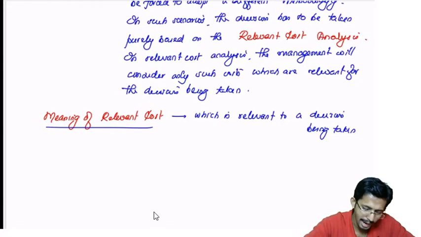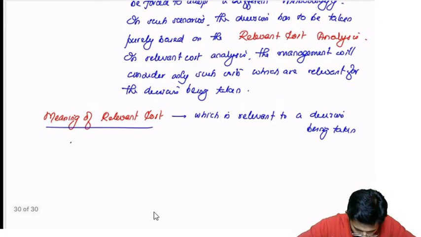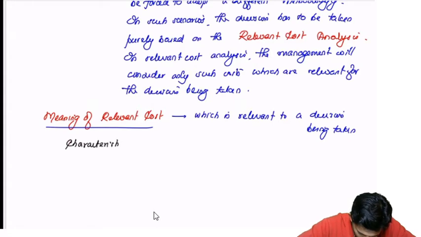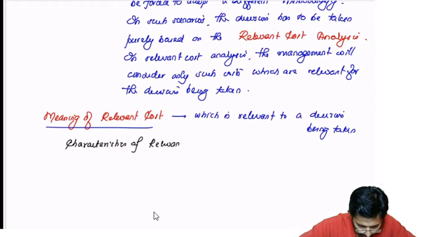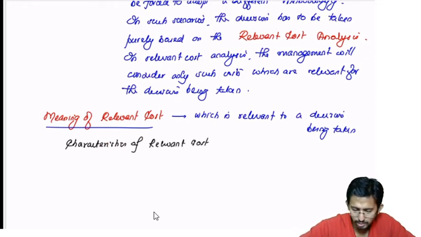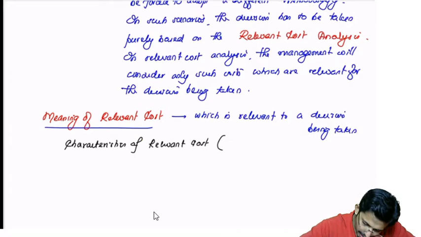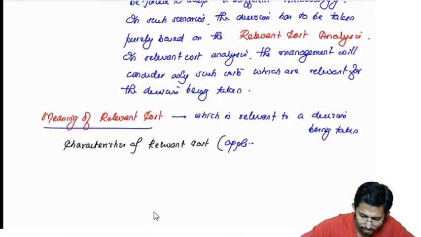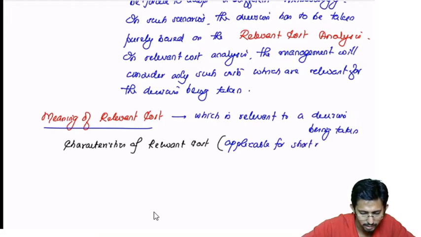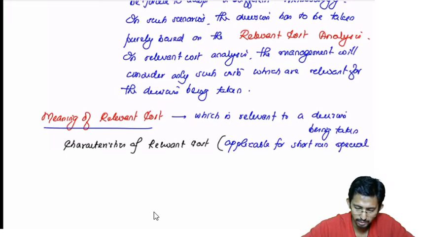Now, next, characteristics of relevant cost. In bracket, you can write applicable for short run special cases, special decisions.